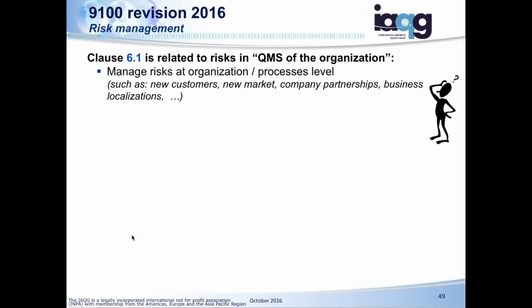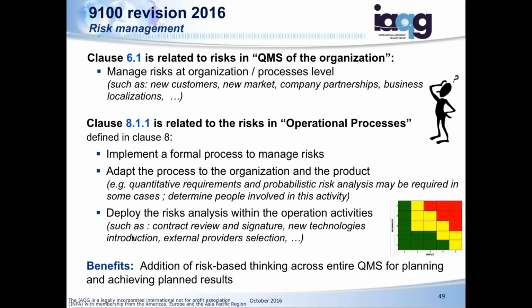Risk management, covered before in clause 6.1 in the planning section, is where we're talking about risk at the planning and quality management system level. We still have risk management in clause 8.1.1. The requirements really haven't changed since they were introduced in 2009, where you have a process to manage risk.